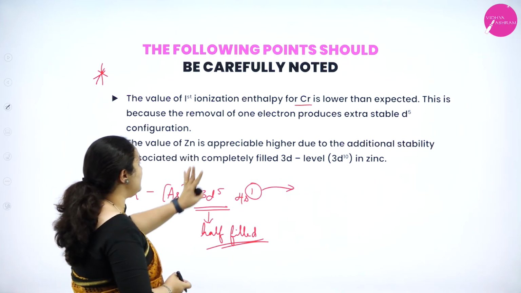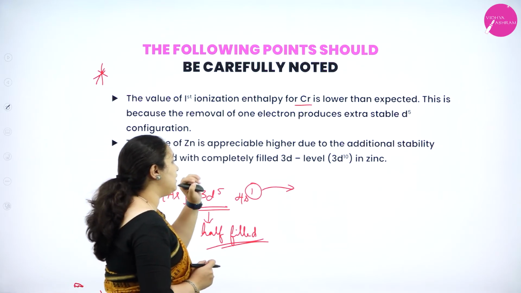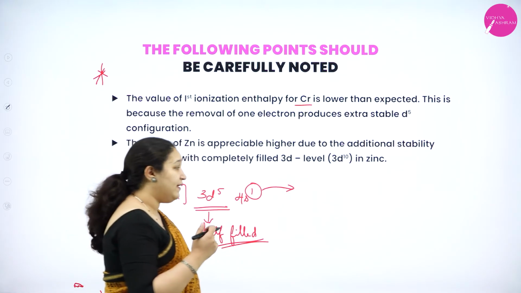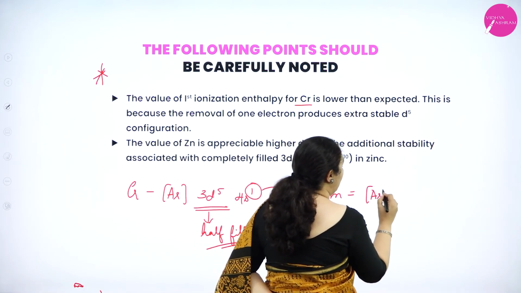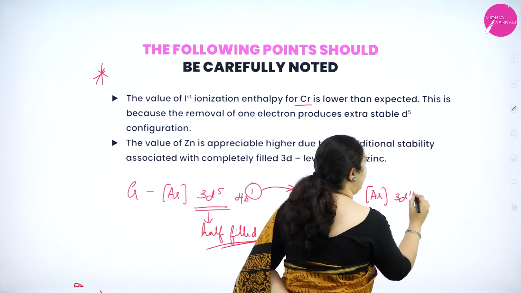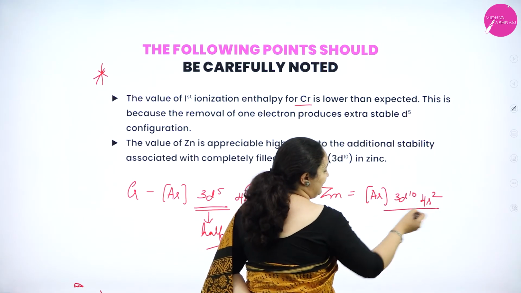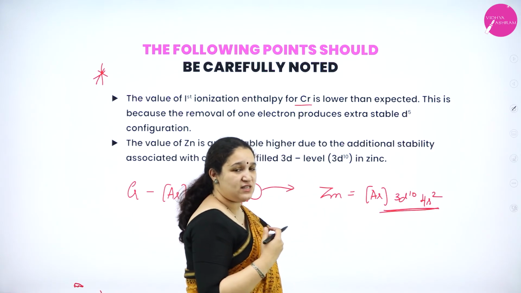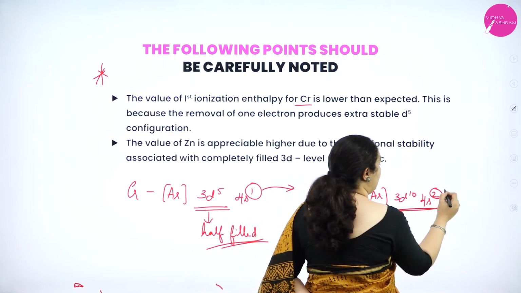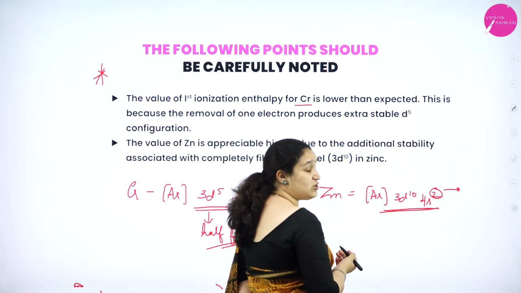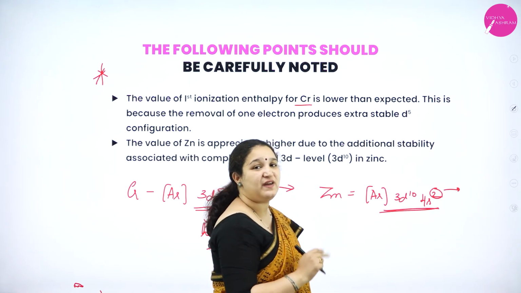Next, the value for zinc is appreciably high due to the additional stability associated with the completely filled orbitals. Now, if I consider zinc, zinc has got argon 3d10 4s2. Correct? So, it has got a completely filled orbital. So, first ionization enthalpy is fairly high, because to remove one electron from here, ionization enthalpy is high because of completely filled orbitals. But the second ionization enthalpy is very low.